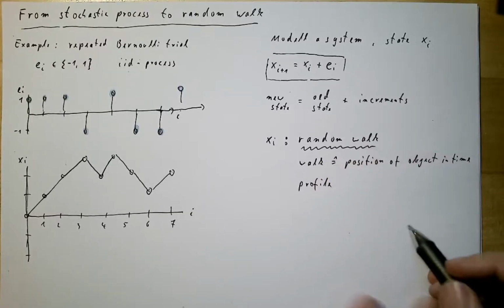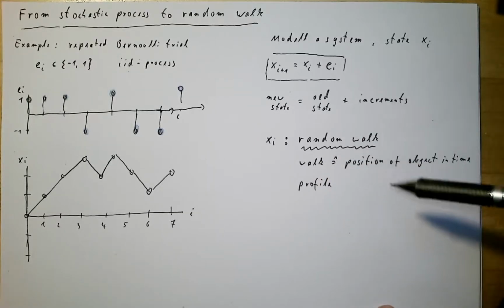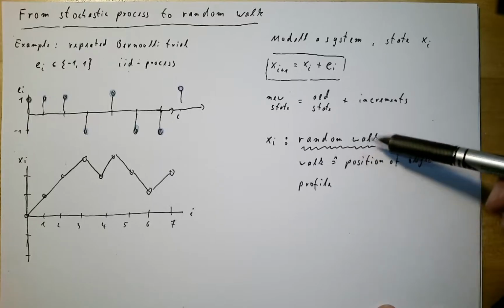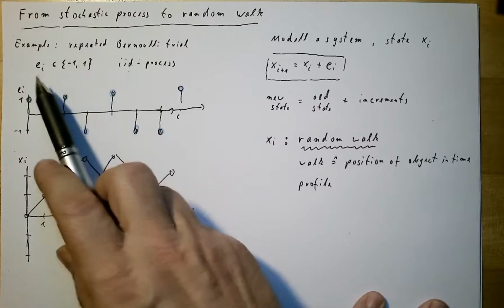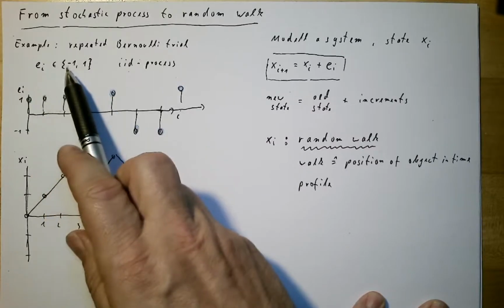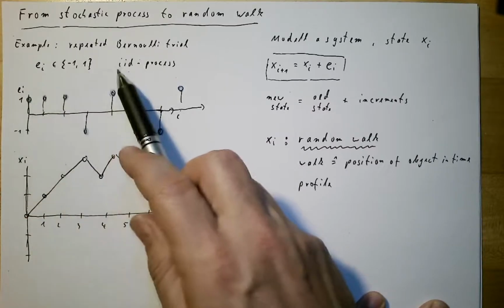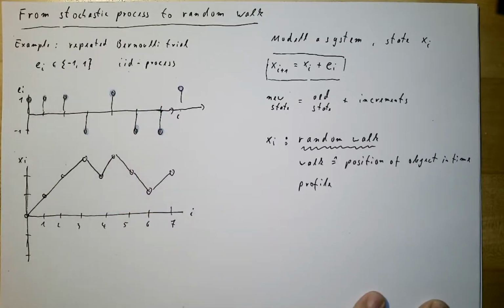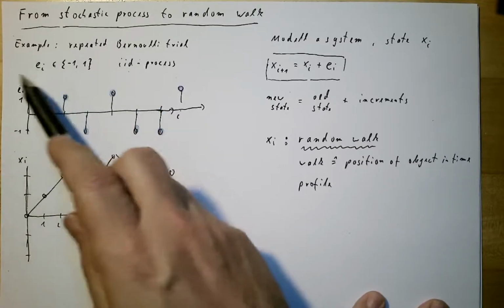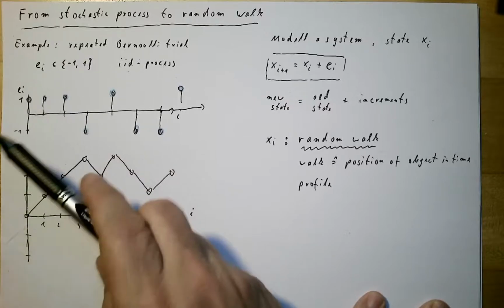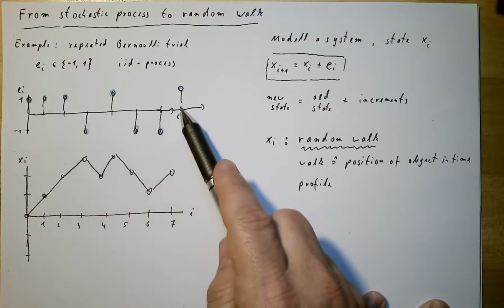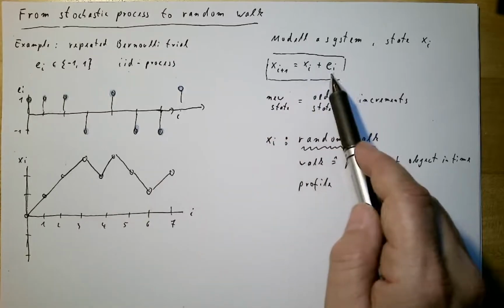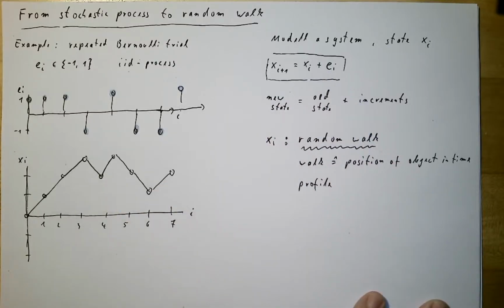Now, random walks you can also do for other stochastic processes. Here it was the most simple. The increments are just from -1 and 1, and we have independent random numbers. But of course you could now take an arbitrary stochastic process, interpret this process as increments of a random walk, then just do this procedure, and then we generate a profile out of this. So we generate a random walk.